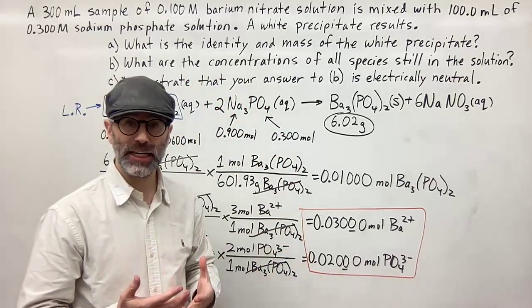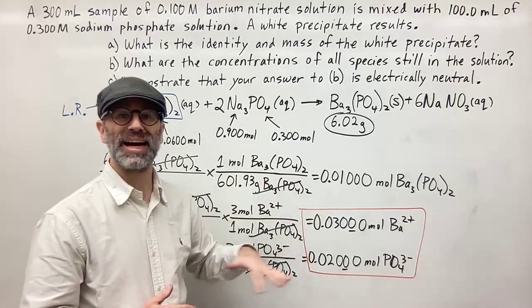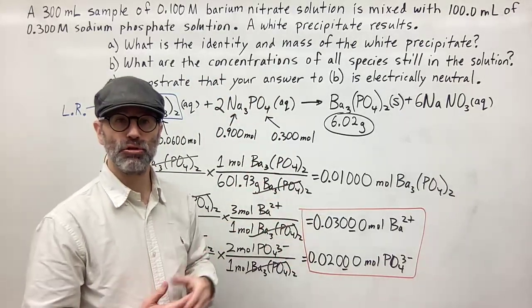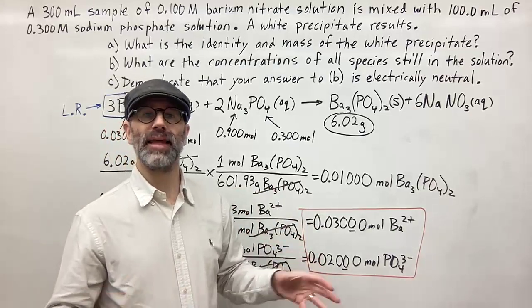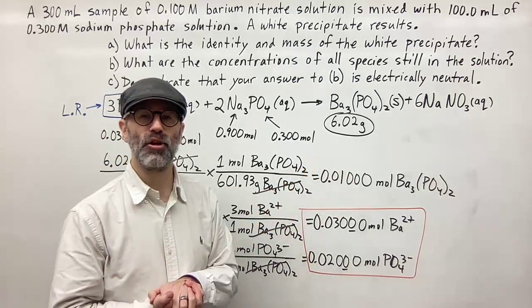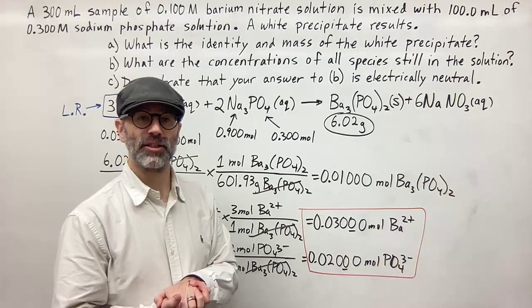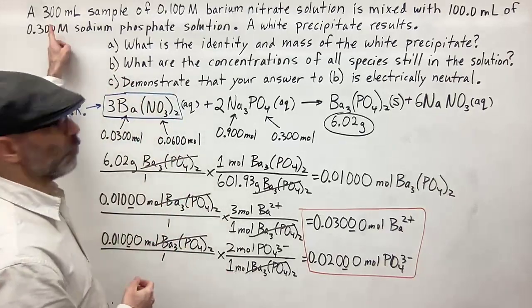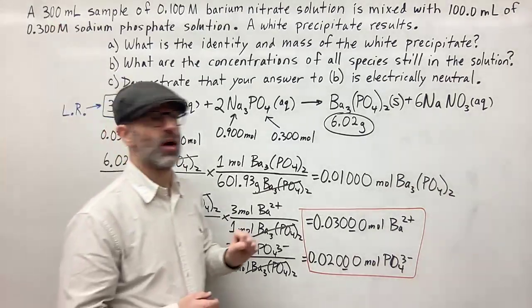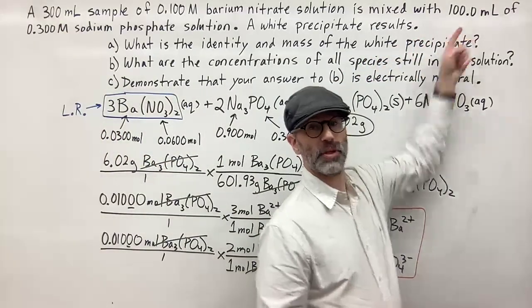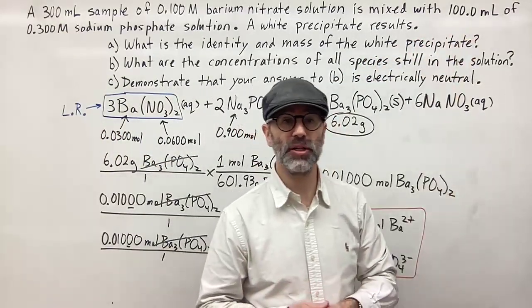So the concentration is moles divided by liters of the solution. Keep in mind that we mix these two solutions together, so the volume has changed. We mixed 300 milliliters with 100 milliliters, so that's a total of 400 milliliters.